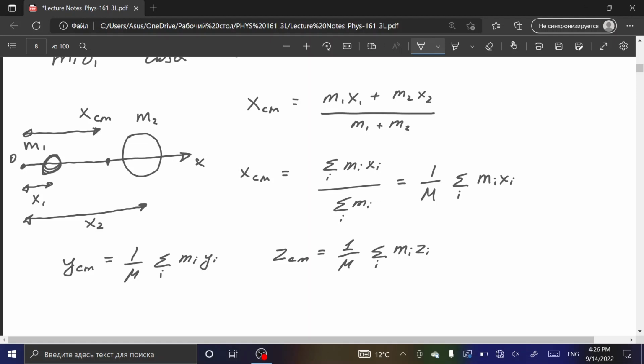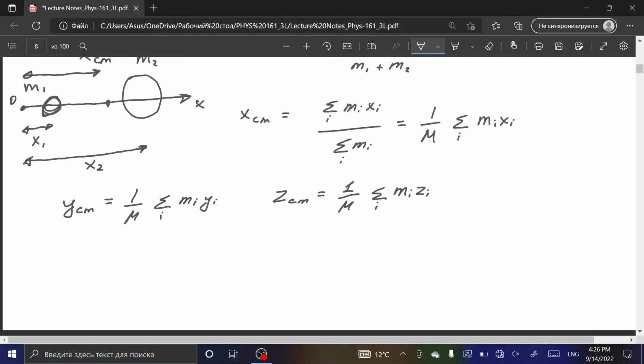So now we can represent the position of the center of mass as a position vector. How do we do this? R CM, the position vector. We obviously want to introduce again these unit vectors.